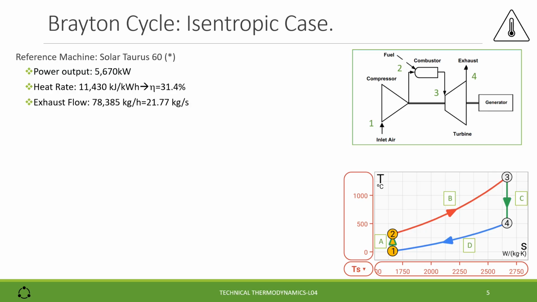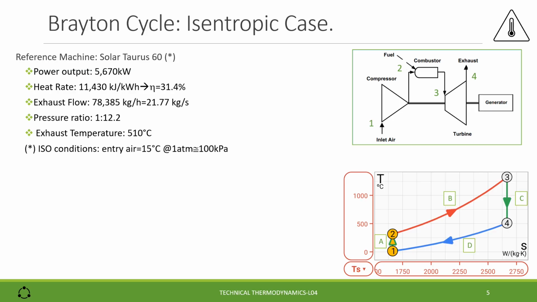The exhaust flow is equivalent to 21.77 kg per second, and the pressure ratio 1 to 12.2. The exhaust temperature is 510 degrees. The performance is given under ISO conditions, that is entry air at 15 degrees and atmospheric outside pressure, let's say 100 kilopascal. And here we have the reference.